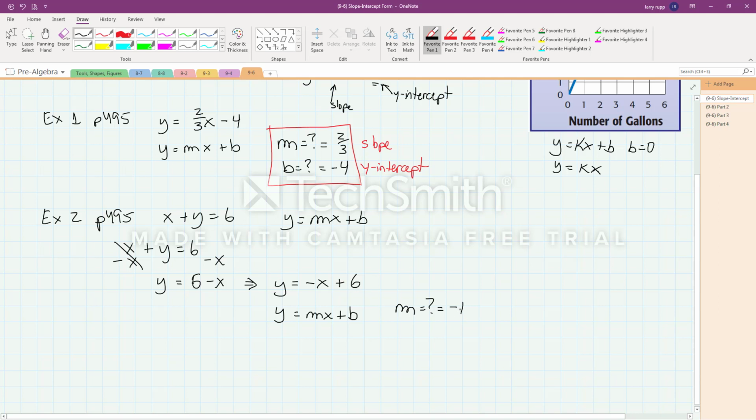And in this case, the 1 has to be pulled out by himself. So the slope here is -1. The y-intercept, which is the b, is equal to what? It's equal to 6. So, same story. This is the slope, and this is the y-intercept.